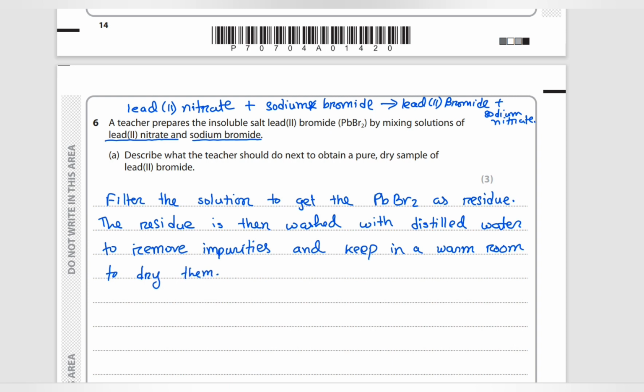Right, so this was the entire solution for question 6a. I hope it was clear enough for you all to understand.